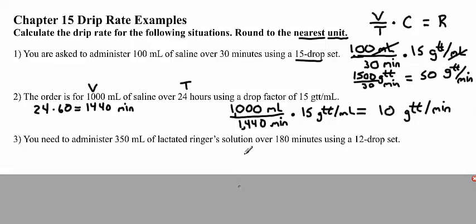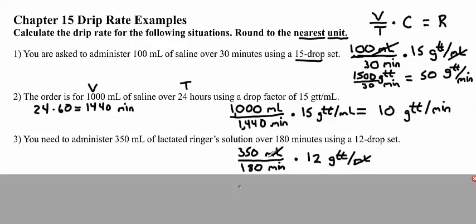So in the next problem, looks like just simple arithmetic here, no conversion. So it's 350 milliliters divided by the number of minutes, which is 180 minutes, times that by the calibration, which means it's macro drip because they're bigger drops because it's 12. So it's 12 drops per every 1 milliliter.